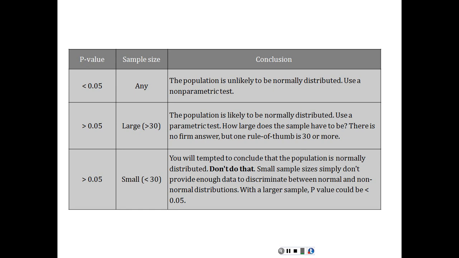So if you have a sample size of 15, for instance, and you are completing your KS test and think, oh, my significance is greater than 0.05, my data must be normal, do not make that assumption, okay? If you have small sample sizes, there are certain non-parametric tests that you can use.